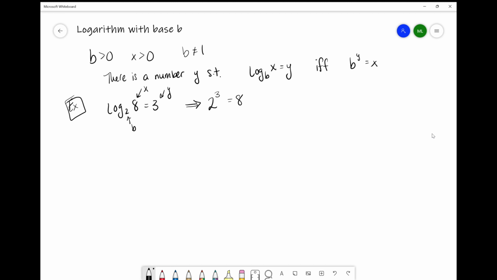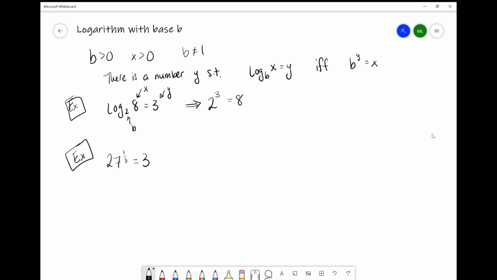Now let's say we want to go from exponential form to logarithm form. From exponents to logs, let's say we have 27 to the power of 1/3 is equal to 3. Okay, so we have a rational exponent. They want you to change it into a logarithm.